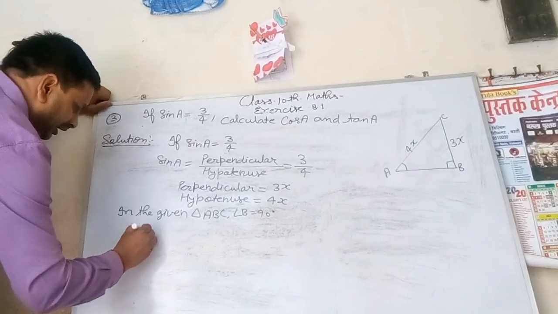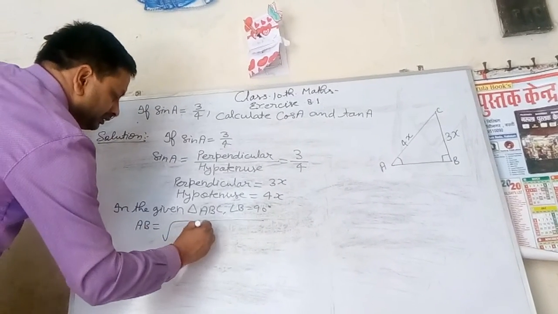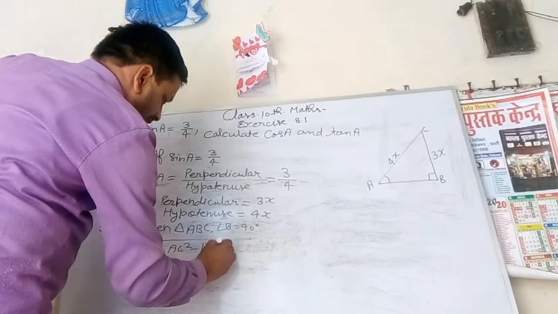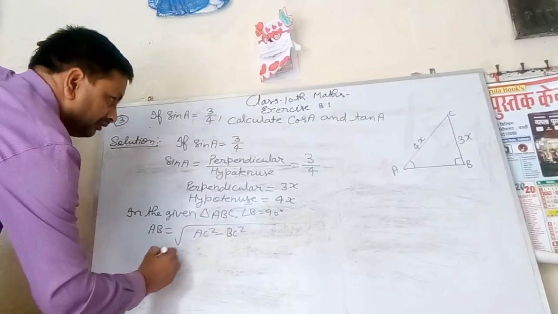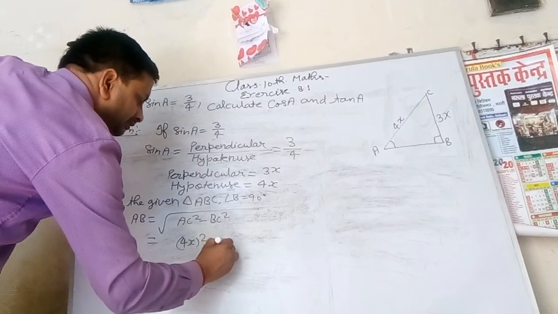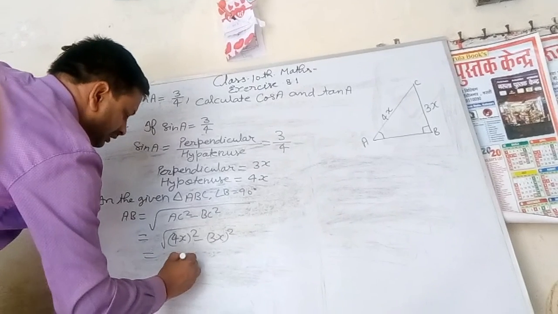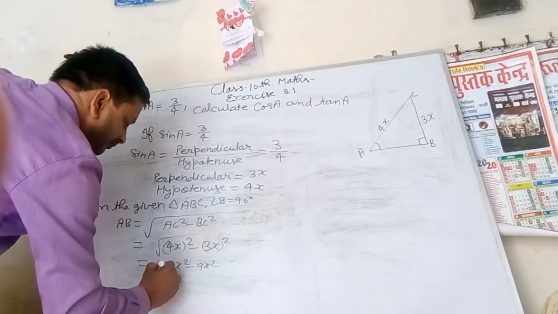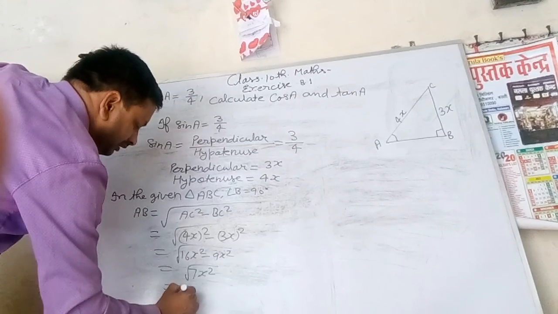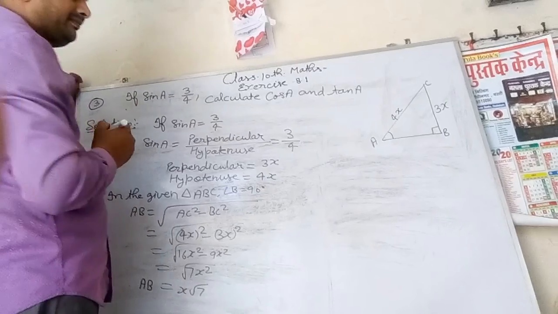Then AB equal to under root AC square minus BC square, means AC is 4x square minus 3x square equal to 16x square minus 9x square. And it becomes 7x square, so the value of AB is x root 7.